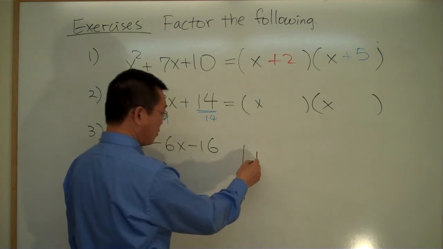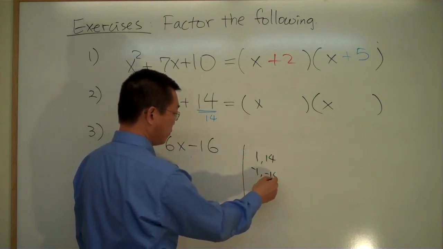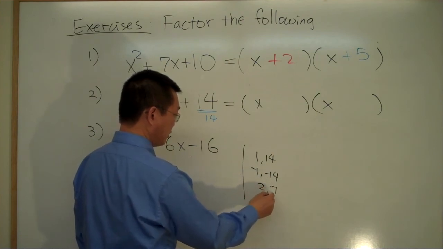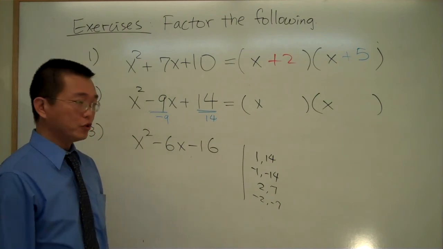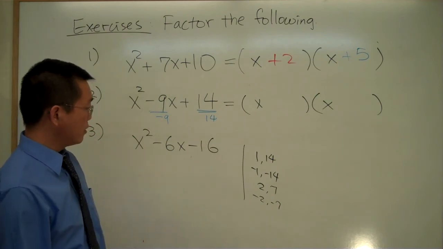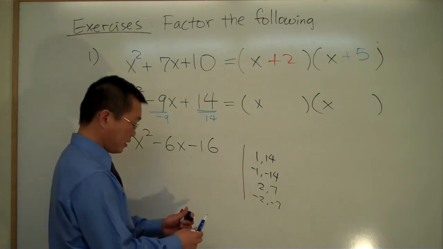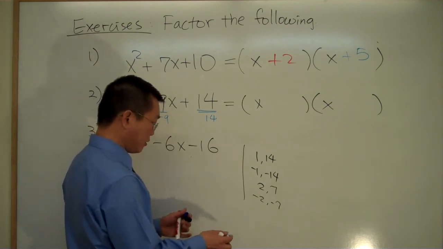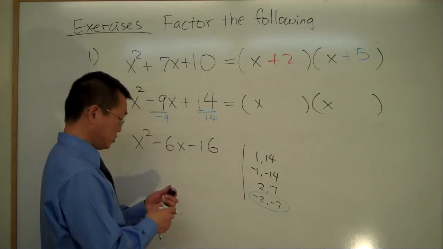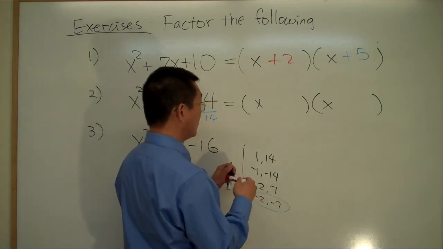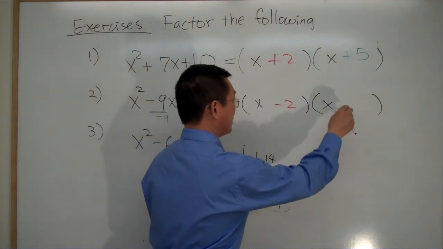There is 1 versus 14. There's -1 versus -14. There's also 2, 7, or -2 and -7. Of all the 4 choices, I look for 1 pair that totals -9. Now it's going to have to be this one, -2 and -7. So the answer is x minus 2 and x minus 7.